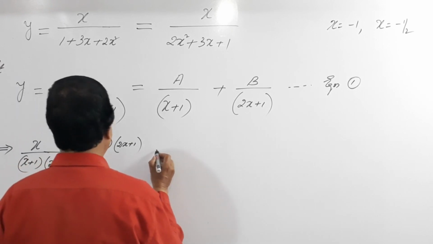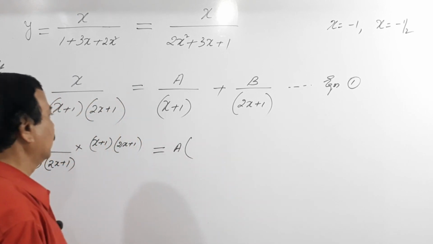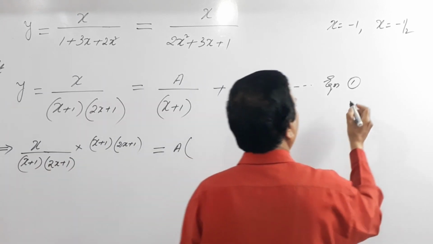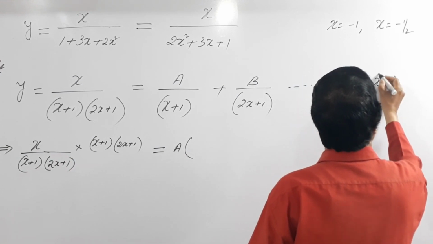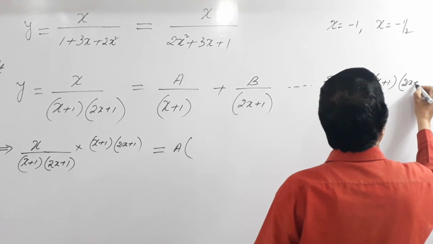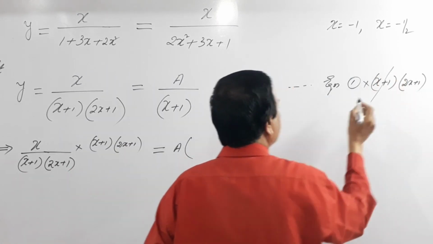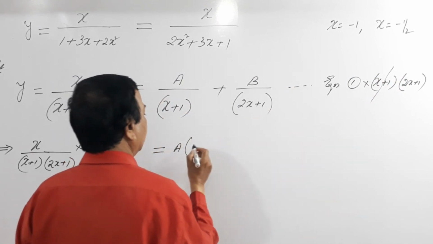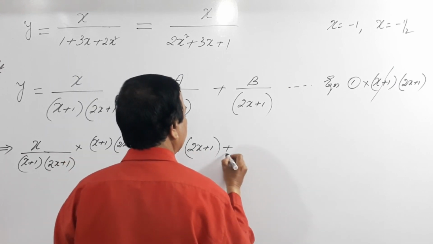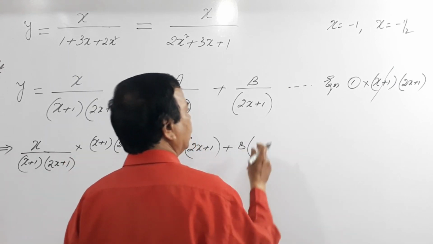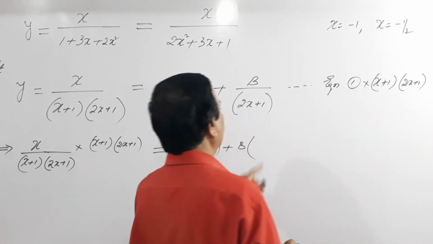So this equals A into, here also I will multiply by x plus 1 into 2x plus 1. This x plus 1 and this x plus 1 cancel, so I am left with A into 2x plus 1 plus B into 2x plus 1 times x plus 1.